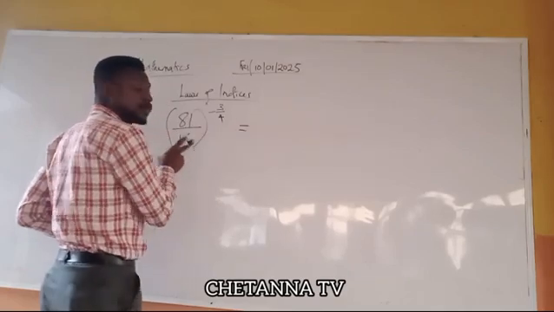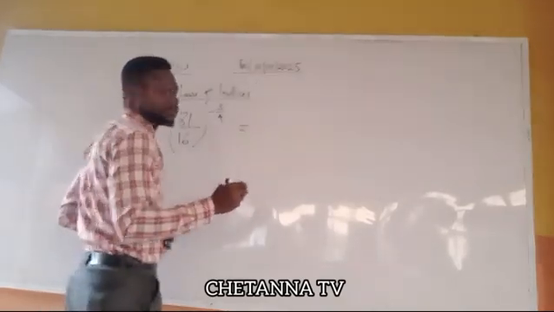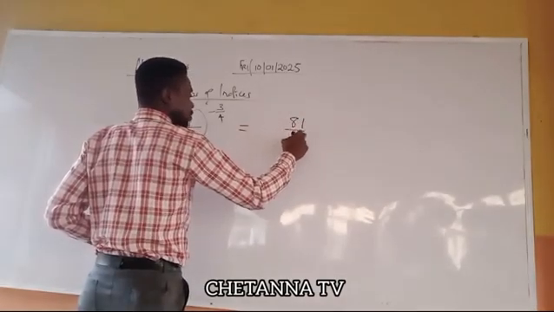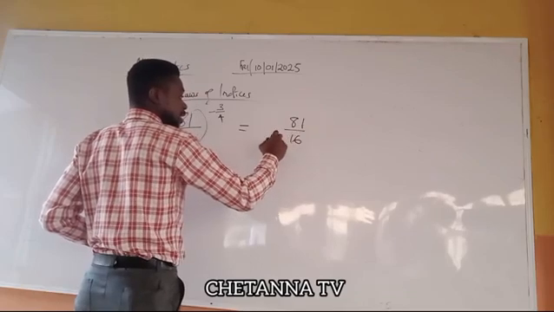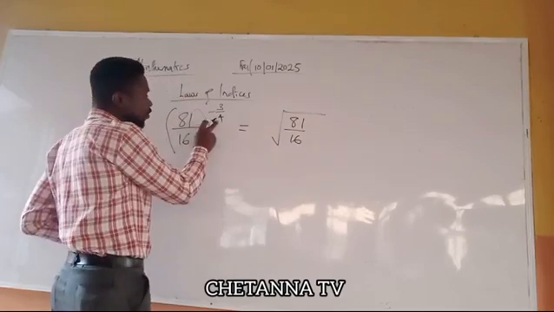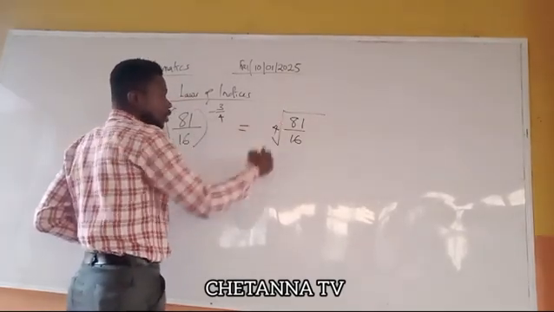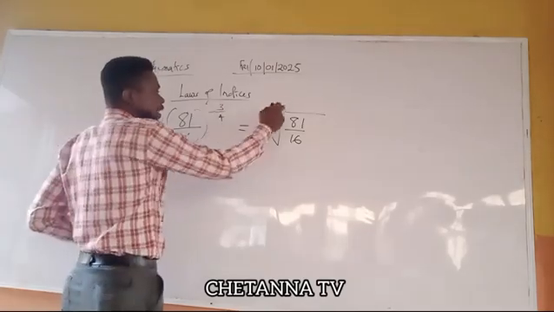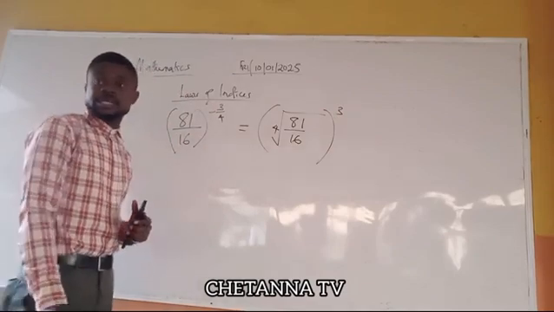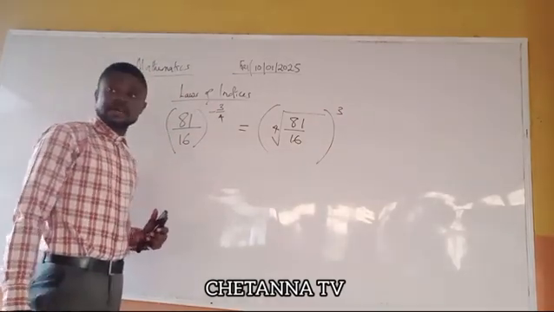This thing will now take this shape: 81 over 16 inside the root. This 4 will do what? Come here, right? This 3 will become the what? Power. Is it clear? Is it clear?